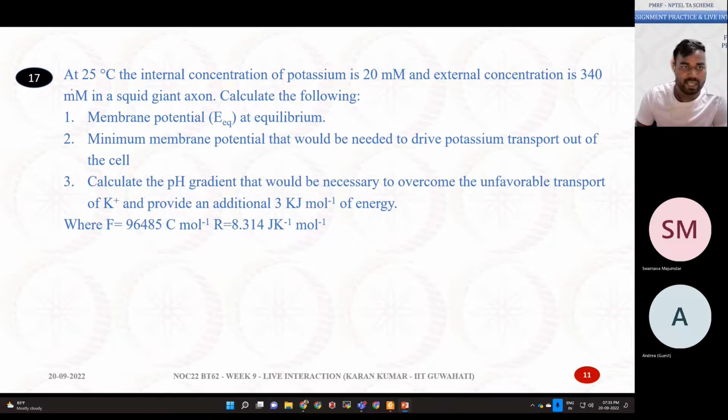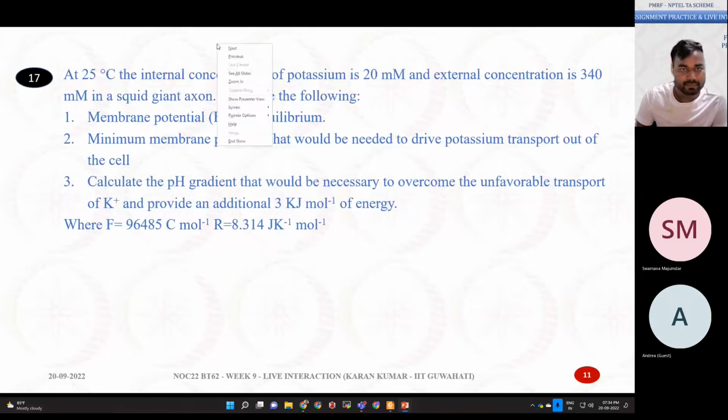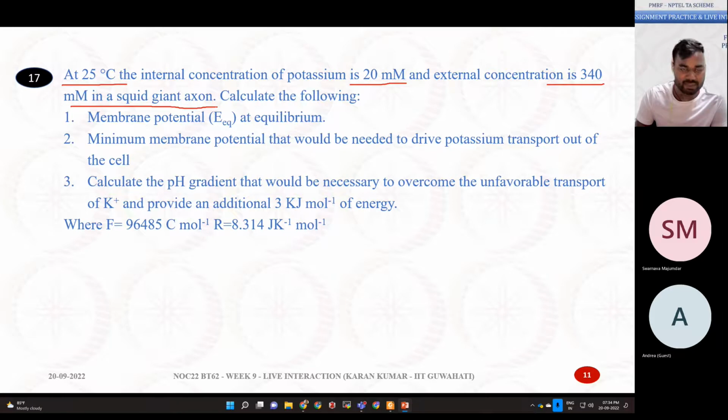So your question is at 25 degrees Celsius, see what all information is needed. The internal concentration of potassium is 20 millimolar and the external concentration is 340 millimolar in a squid giant axon.